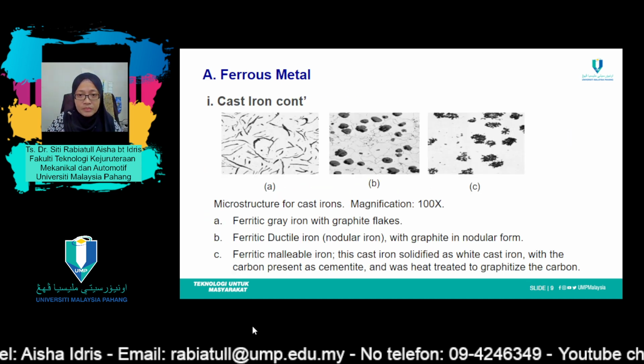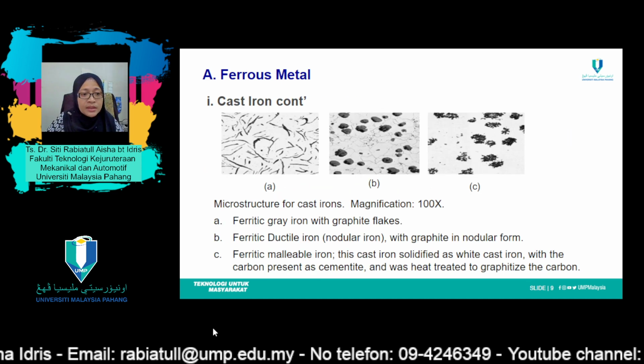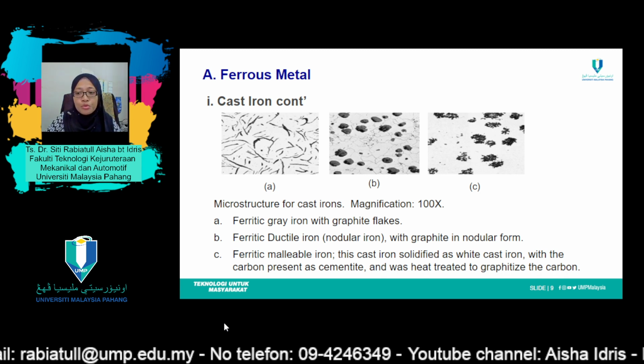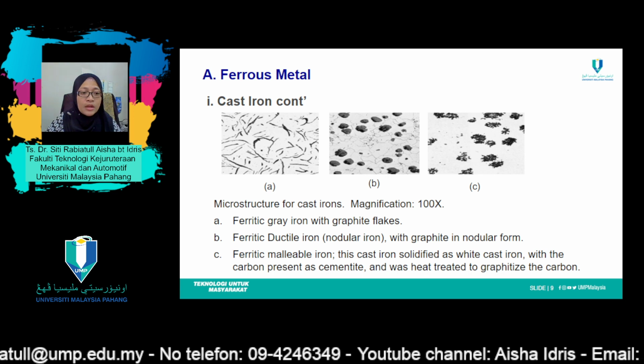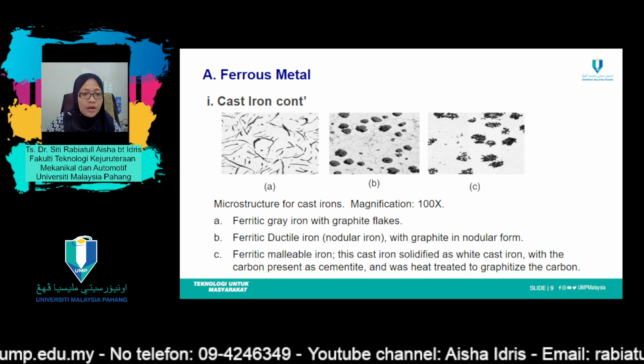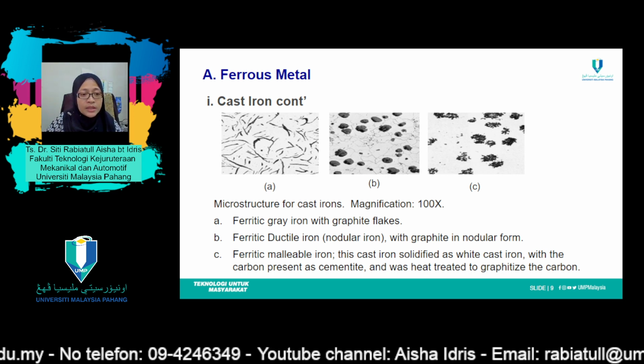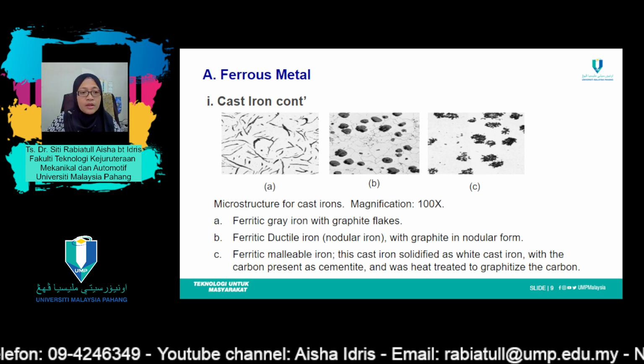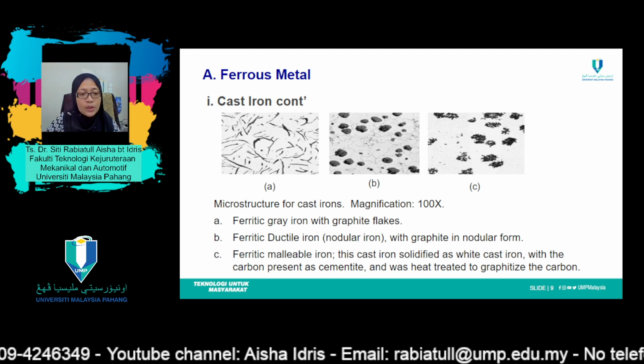For grey cast iron, the carbon and silicon contents vary from approximately 2 to 4 weight percent of carbon, and 1 to 3 weight percent of silicon respectively.